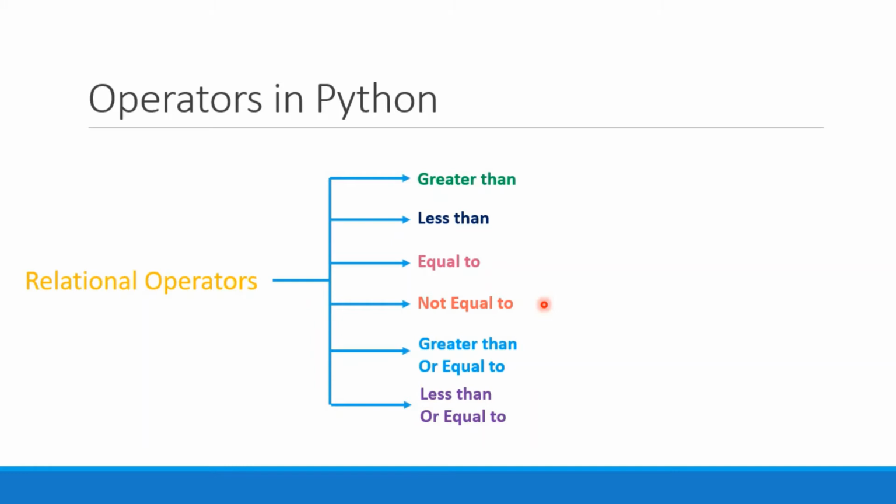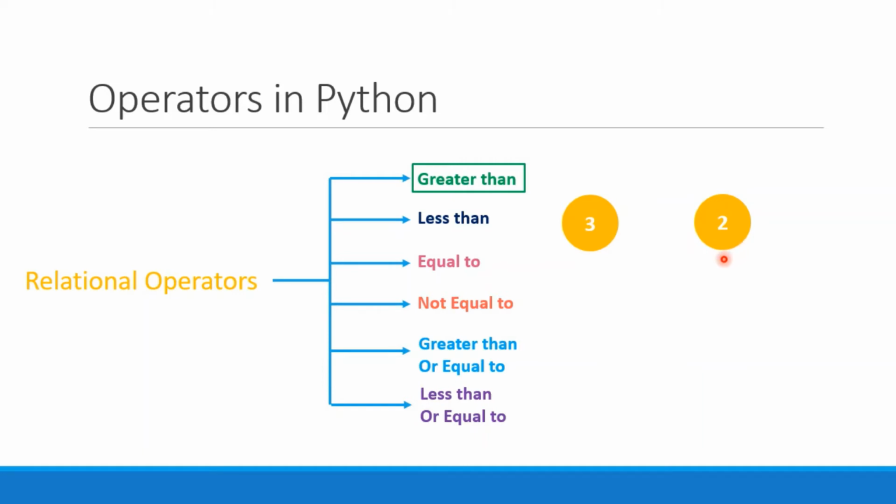So let's start with greater than. The greater than operator is used to see the relationship between values, whether the first value is greater than the second value or not. For example, I have a value 3, then I have another value 2. So I want to check whether 3 is greater than 2 or not.